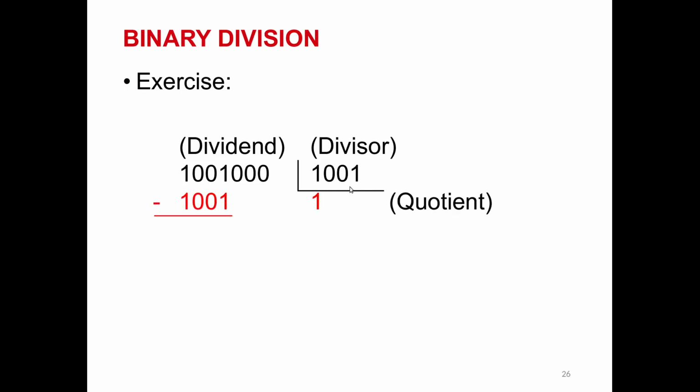We can see that here we take the divisor, and we put it at the most left in comparison with the remainder here, and we will take this part of the remainder, subtract the divisor, and we can see the result here is 0. It means that this value of remainder is bigger or equal to the value of the divisor, and so the result in the quotient will be 1.